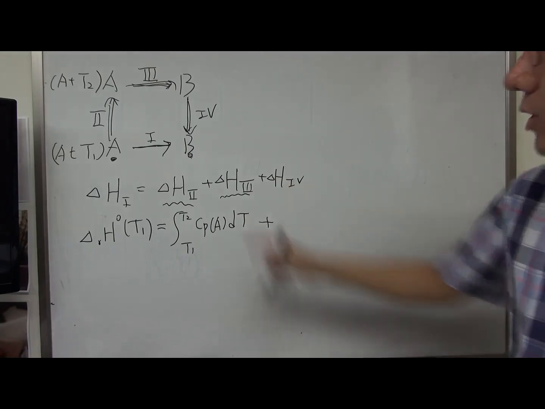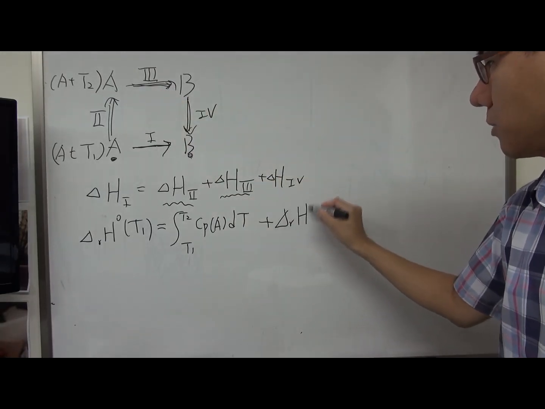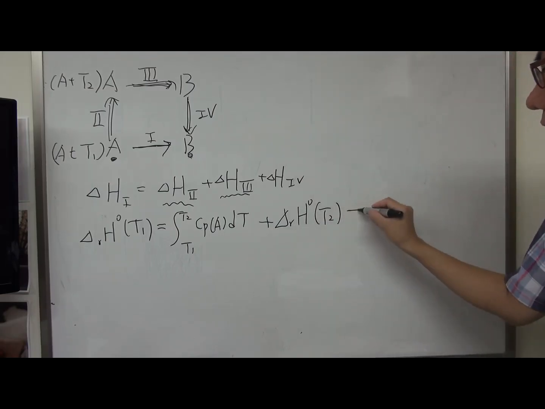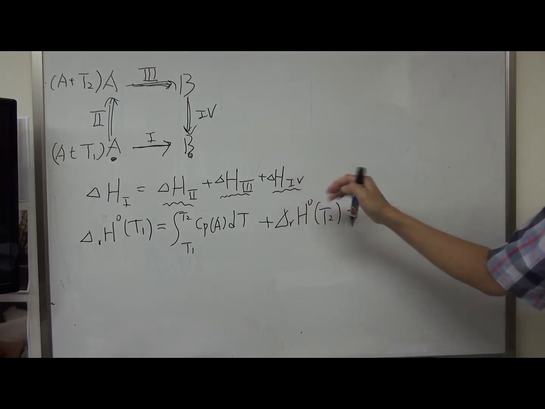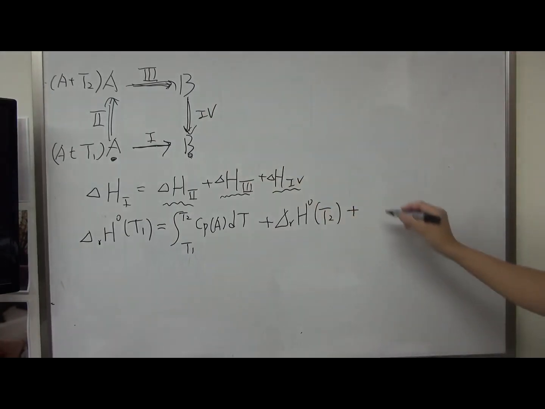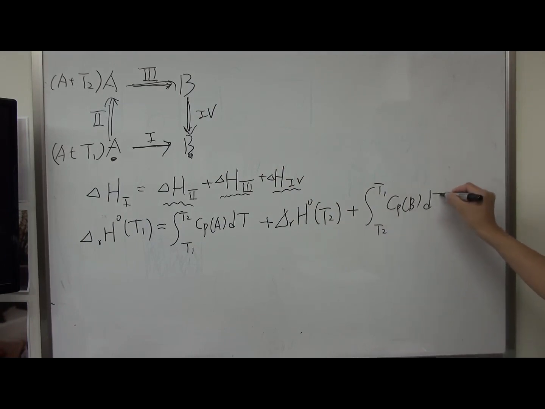Delta H number 3 is the standard reaction enthalpy at T2. And this one, the change of B from T2 to T1, is the integral from T2 to T1 of Cp,B dT. Okay, that's it.